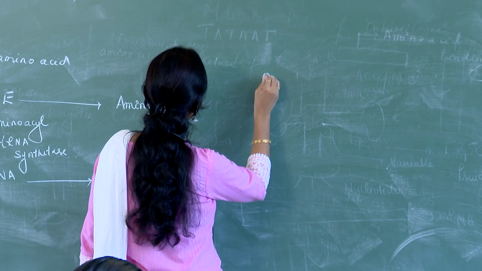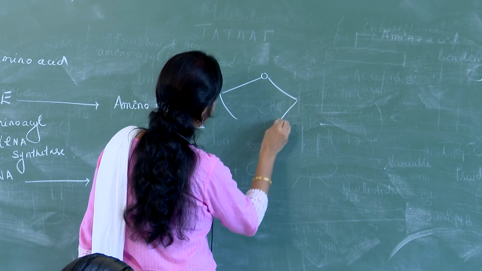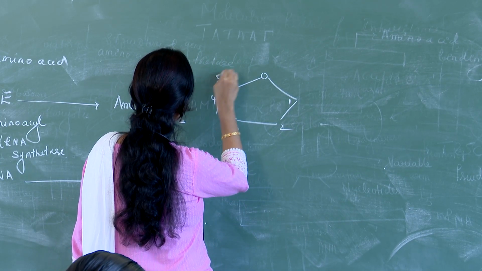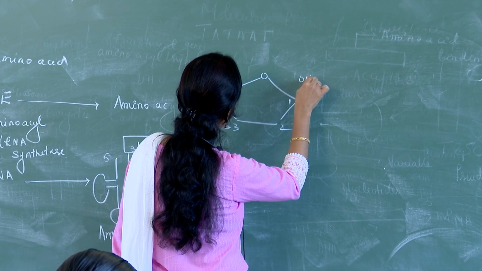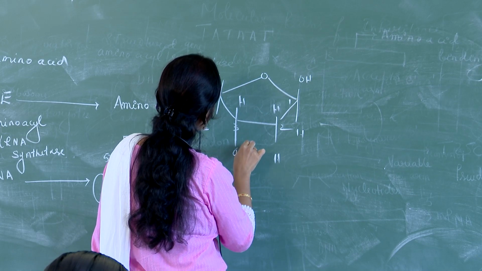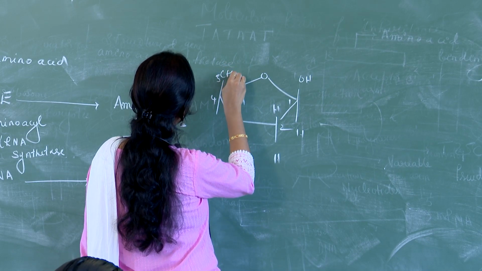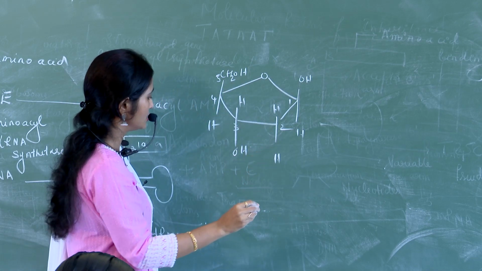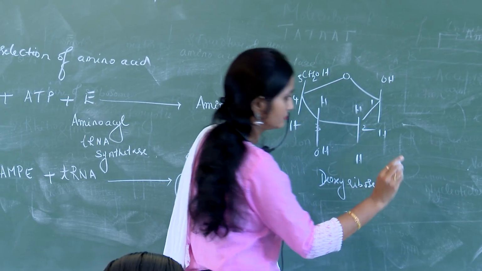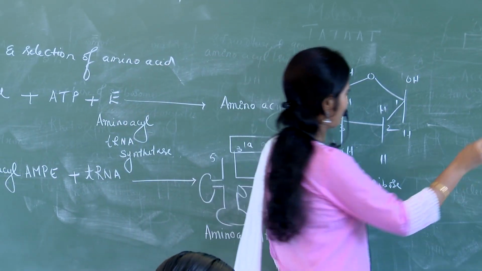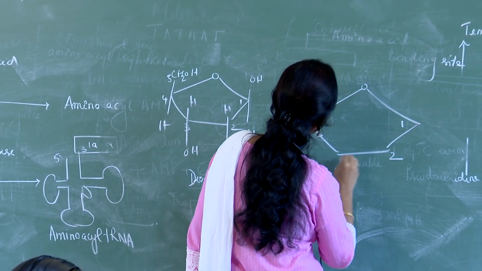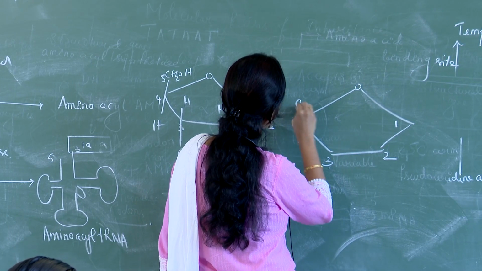We have written the structure of deoxyribose, correct? First carbon atom, second, third, fourth, fifth. What is present here? OH, H, H and H, H and OH, CH2OH, H. This is deoxyribose, right? In RNA, the ribose sugar, first carbon atom, second, third, fourth, fifth.